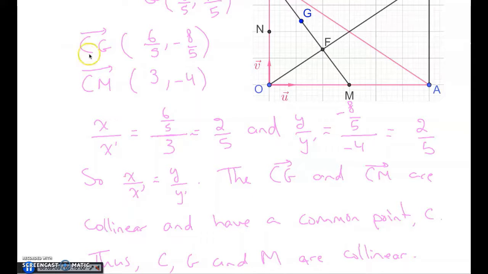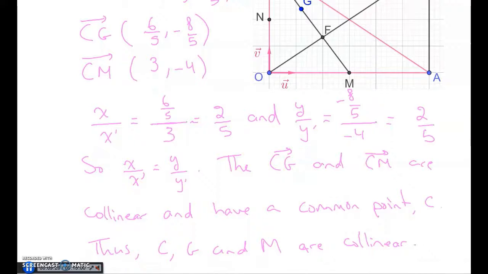But do not write this, please, because this is mathematically wrong. You cannot divide a vector by a vector. So you do it for yourself on scratch paper, just to know which one is 2 over 5 times the other one. Since the upper one divided by the lower one is 2 over 5, this means that CG is equal to 2 over 5 CM.